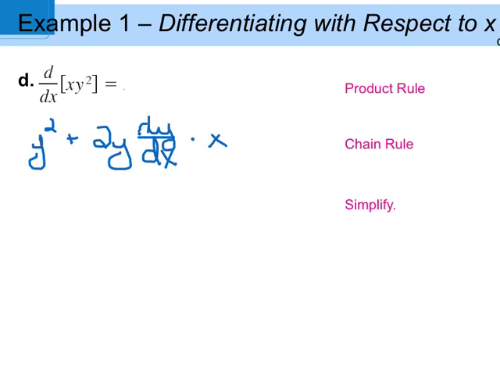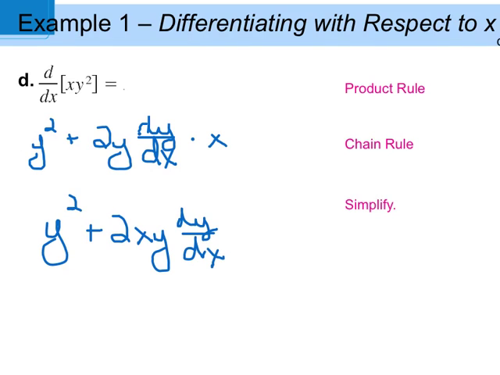All I would say is put these couple of things in alphabetical order. So we just have what? y squared plus 2xy dy dx. So that's how you differentiate individual terms with respect to a variable, whether the variable agrees or disagrees.